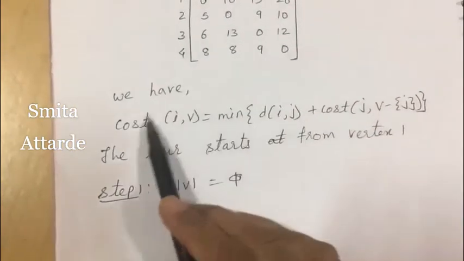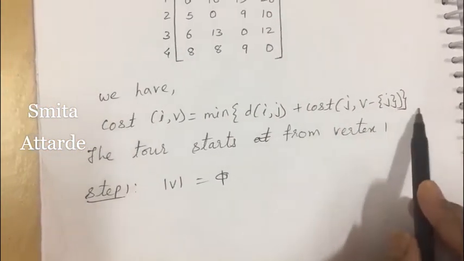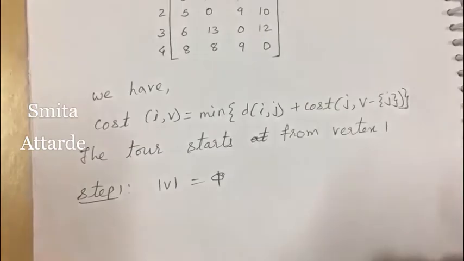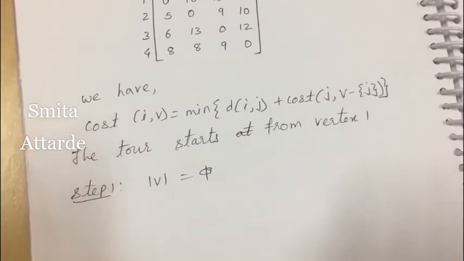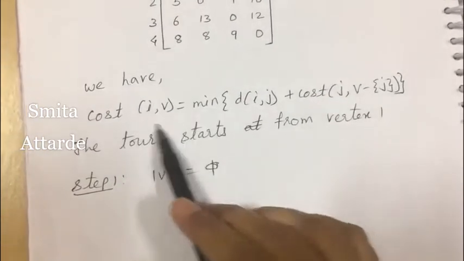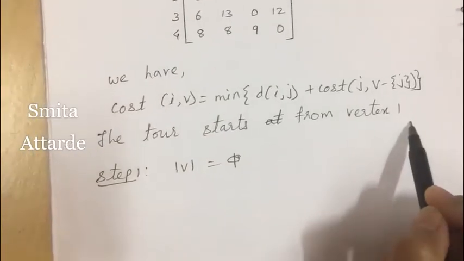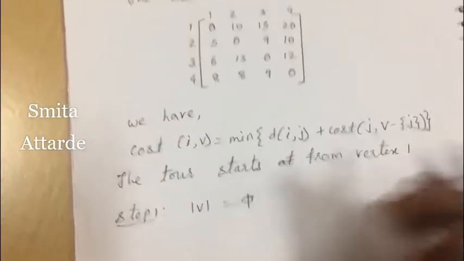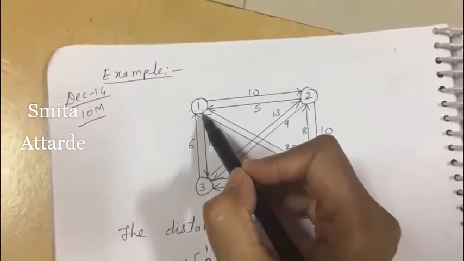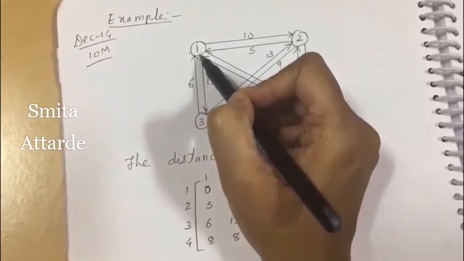Now we have already seen the formula which we are going to use. How to use this formula, we are going to see in the subsequent steps. Now the tour is going to start with vertex 1. This is the start vertex, so we are going to consider 3 different steps.